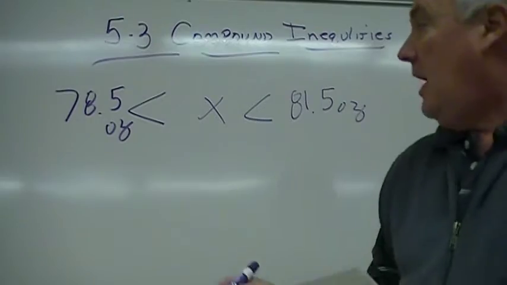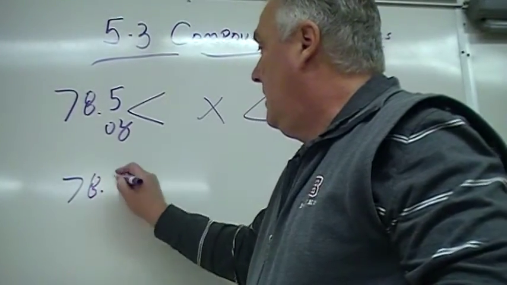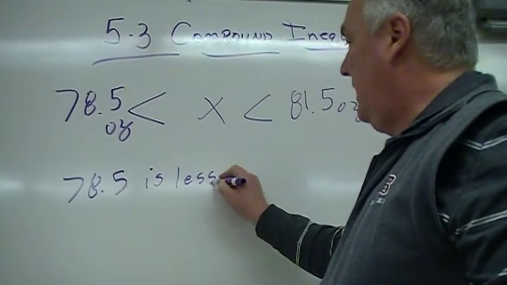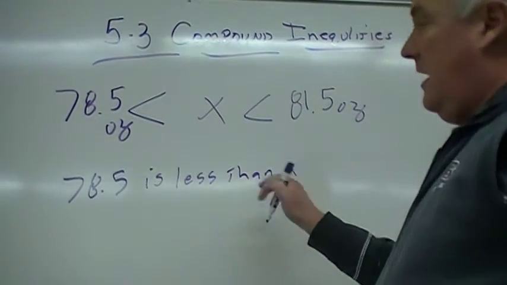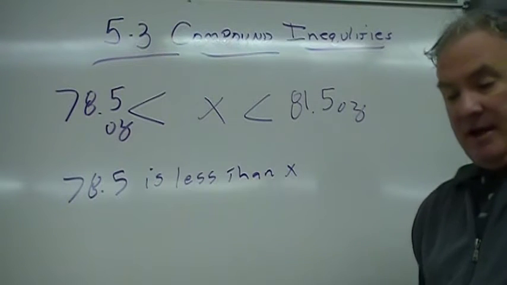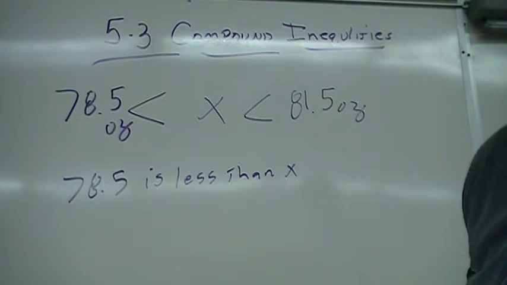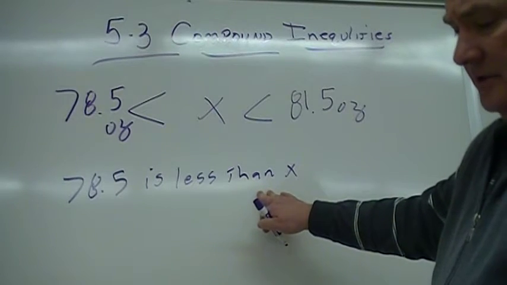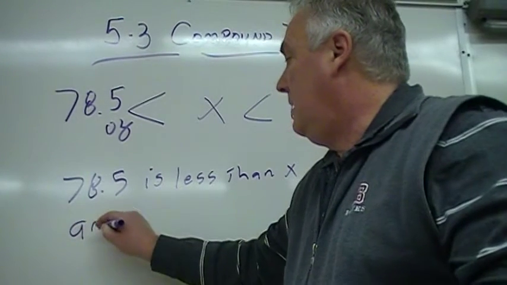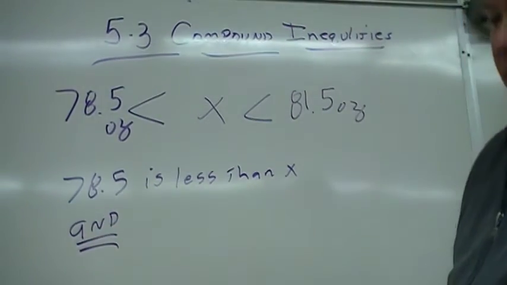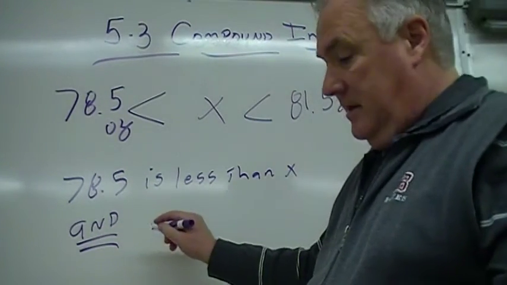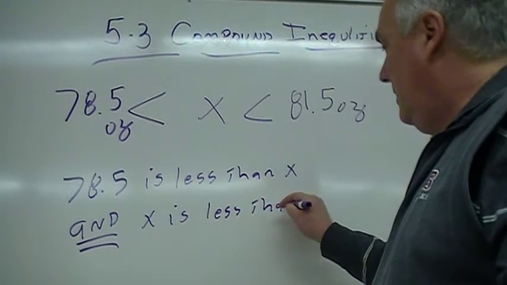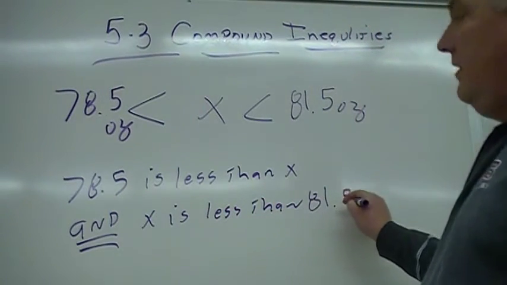Okay, so how that would read is 78.5 is less than x, and this is what you can write down on the paper, and pause it if you need it. So 78.5 is less than x, and x is less than 81.5.